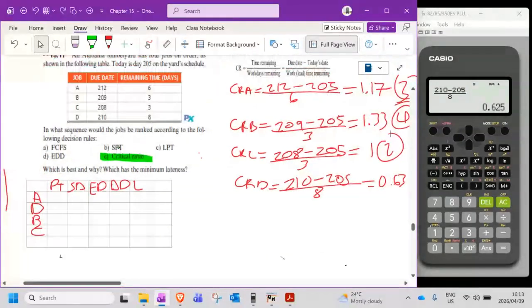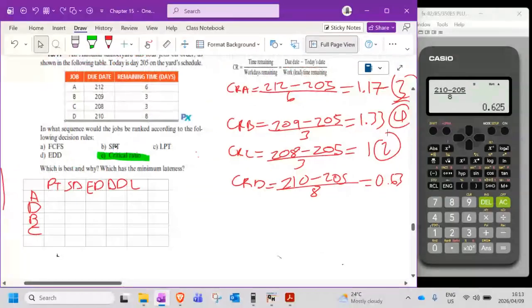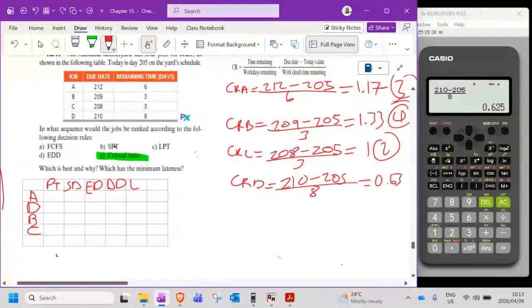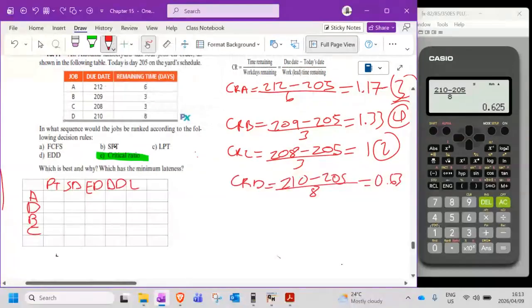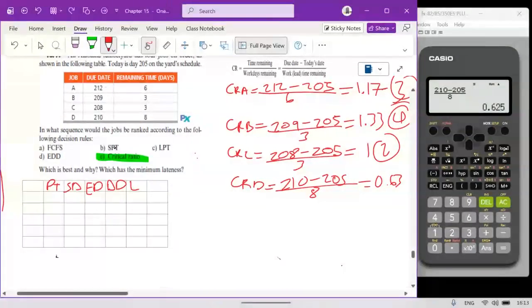Okay, your first one is D, which is 8 and 210.